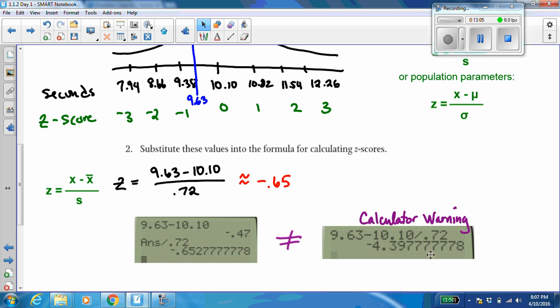So if we wanted to fix this, we would just have to add a set of parentheses right here. And then we would end up getting that same answer.